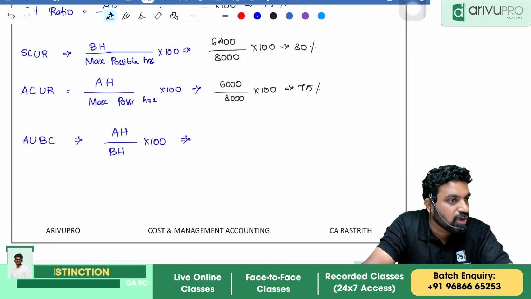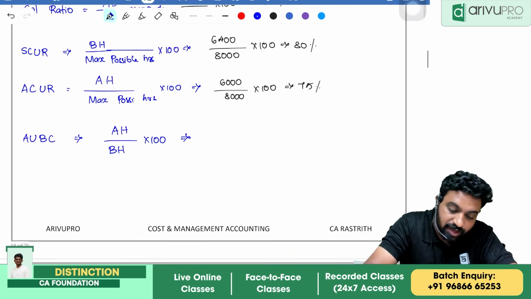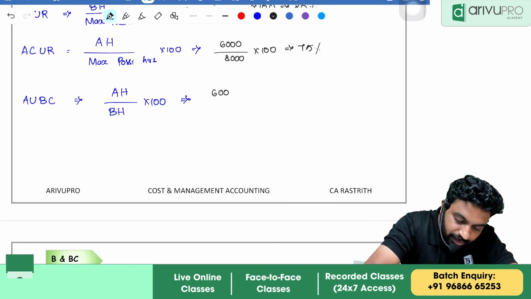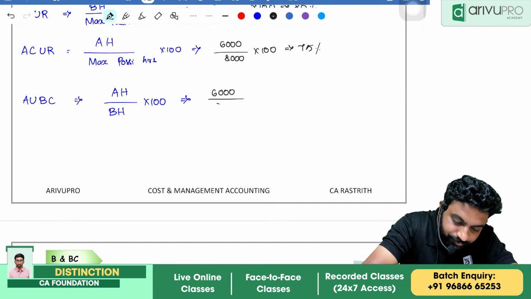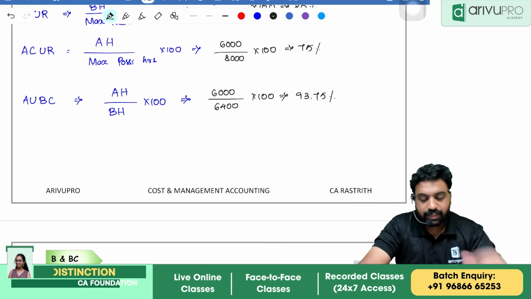Always favorable because the cost is not going to change. Fixed. So actual hours are 6,000, budgeted hours are 6,400, which is going to be 93 point.